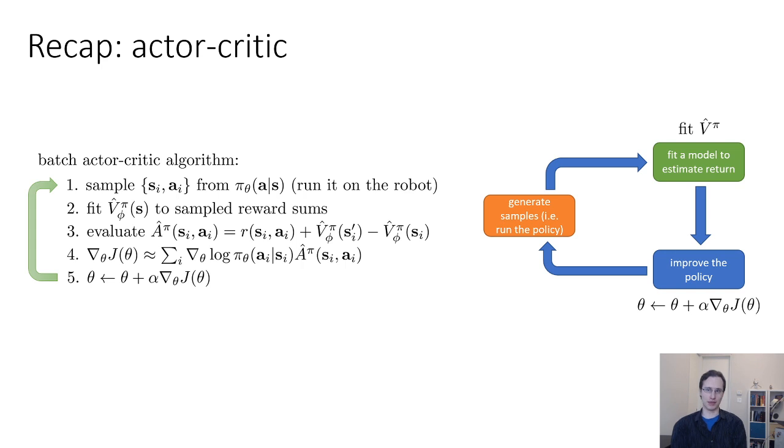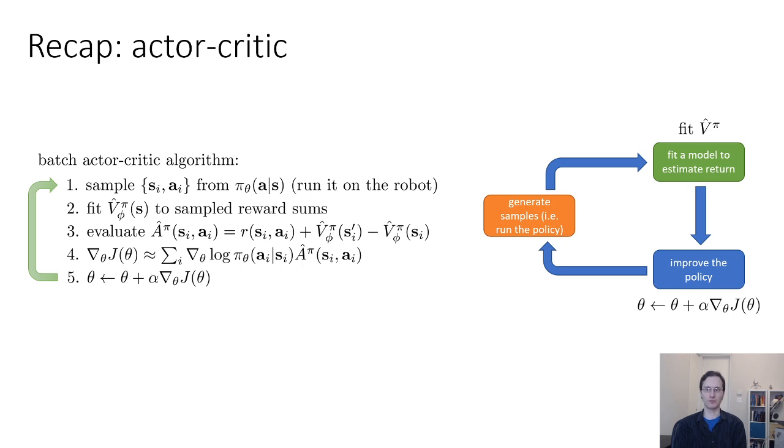Then we would use that value function to estimate the advantage for each state action tuple, SI, AI, that we sampled. We generated these advantage estimates by taking the current reward plus the next value minus the current value. And we could also optionally insert a discount factor in front of the next value.